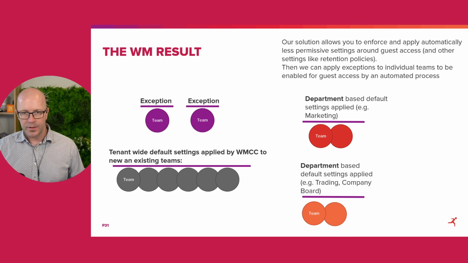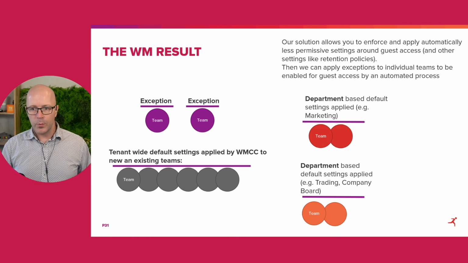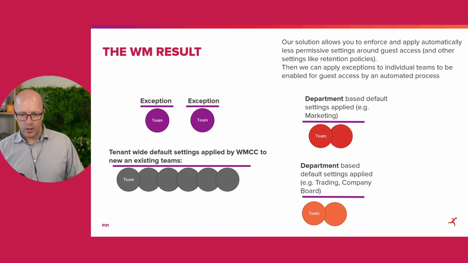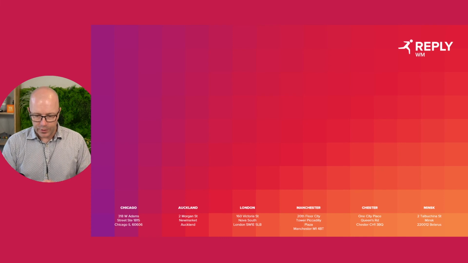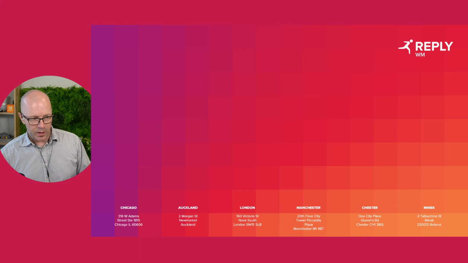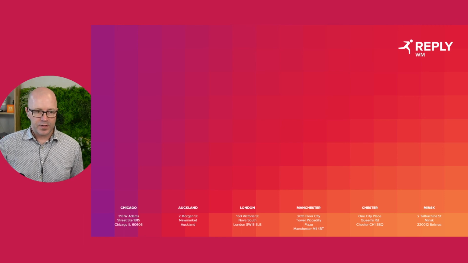And one of the powerful things around using this approach with labels is that we can assign that label to a group of people, we can assign it to a department, or also for particular areas within the business as well. So lots of control there within the guest access. So that does conclude our presentation of guest access within Microsoft Teams and within the environment of Microsoft 365.